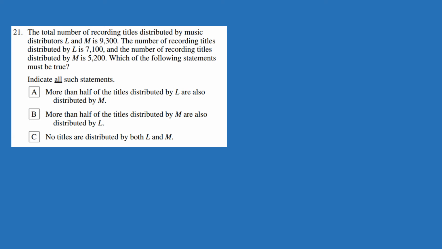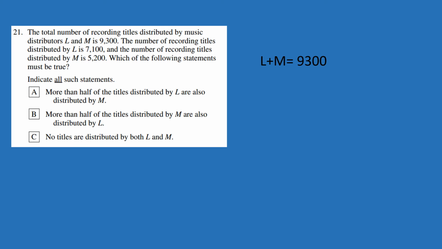Now in this question, the total number of recording titles distributed by music distributors L and M is 9,300. The number of recording titles for L is 7,100, for M is 5,200. So if I add L and M, that must be 9,300 because that is the total amount. If L is the number of records distributed by L and M is the number distributed by M, the total amount is 9,300.